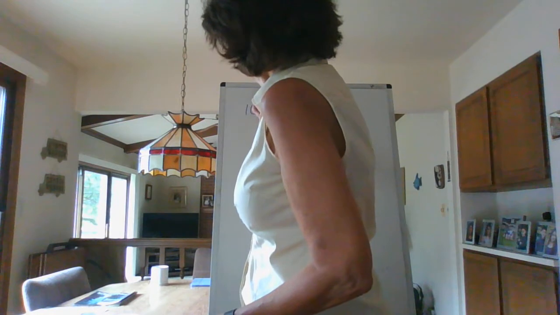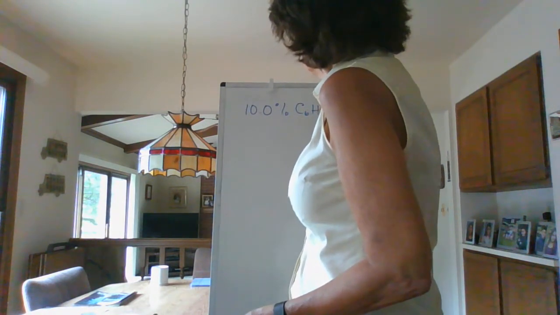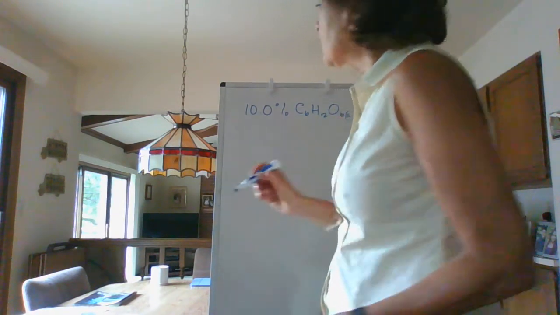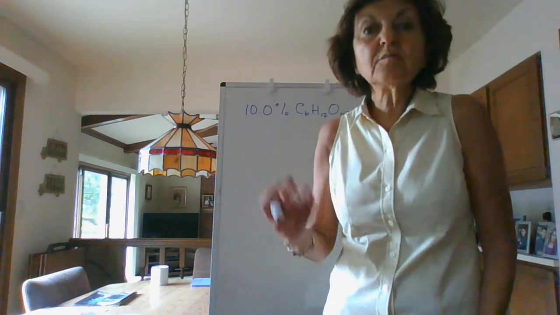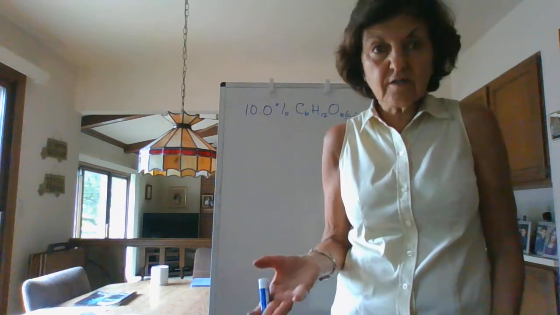All right, so I've got a 10.0% glucose, C6H12O6, aqueous solution. So I know that I've got glucose mixed with water. Glucose is the solute, water is the solvent.